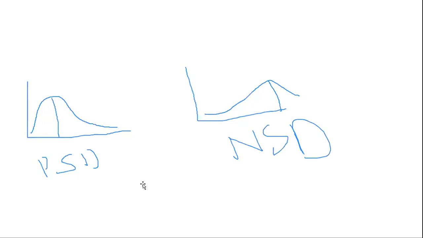This relationship has been expressed by Karl Pearson. Mean minus median is equal to 1/3 into mean minus mode.